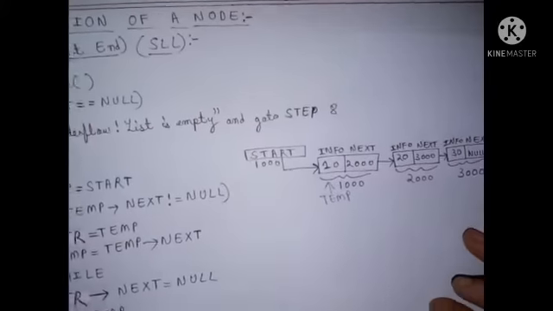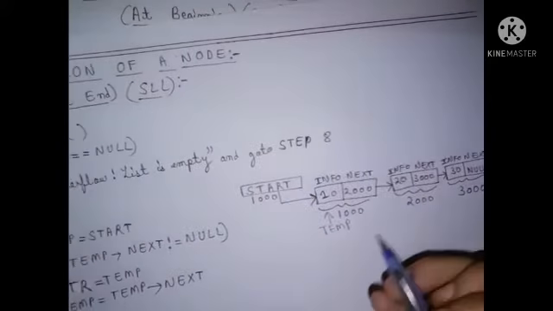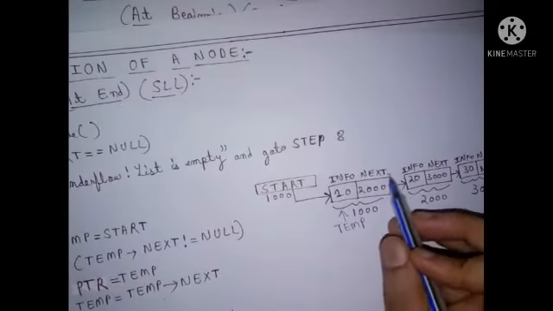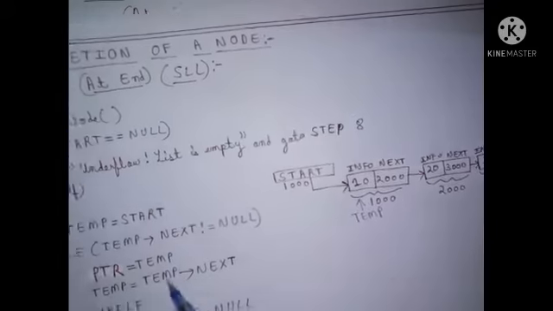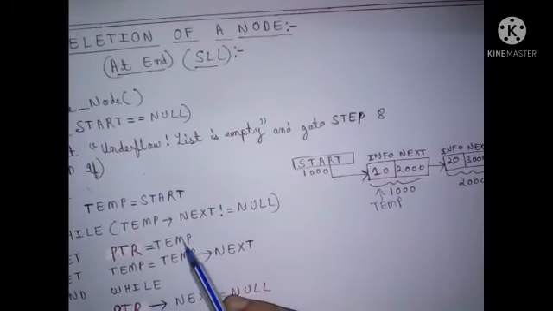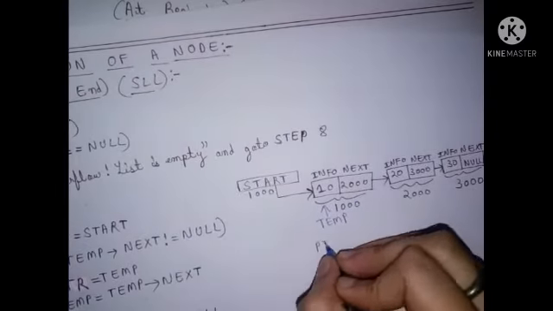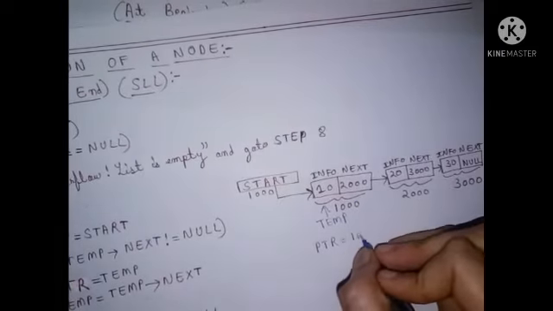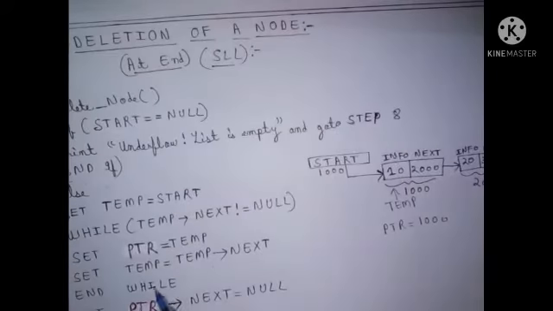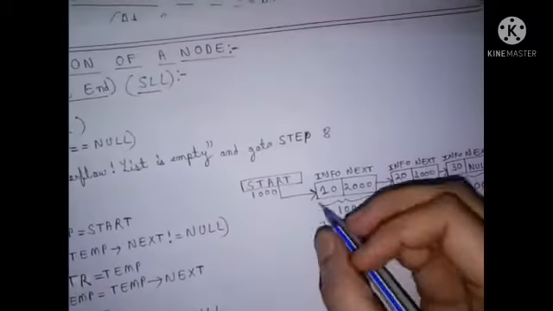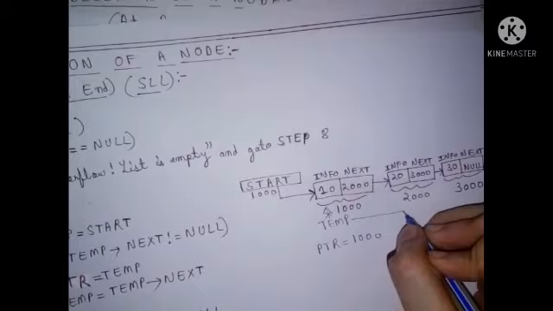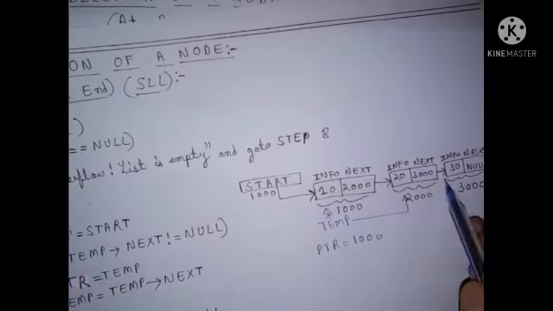Since the next part is not null, the while condition is true, so it will enter the loop. Set ptr equal to temp. Now ptr will become 1000 and then temp equals temp next, so temp will move to the second node.